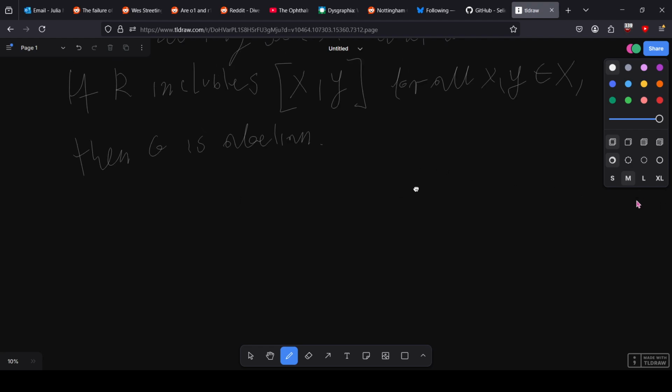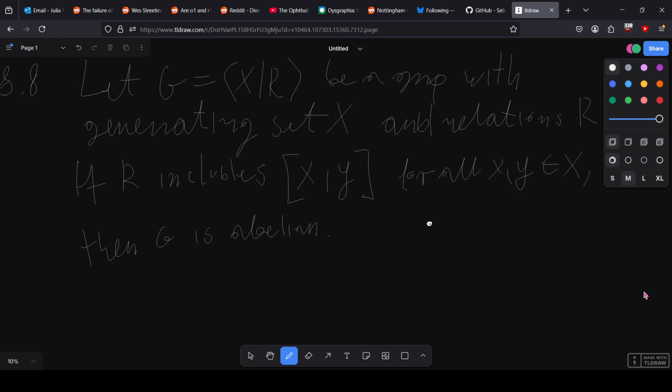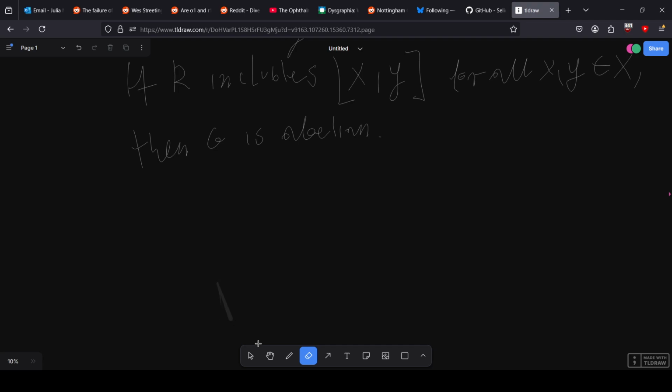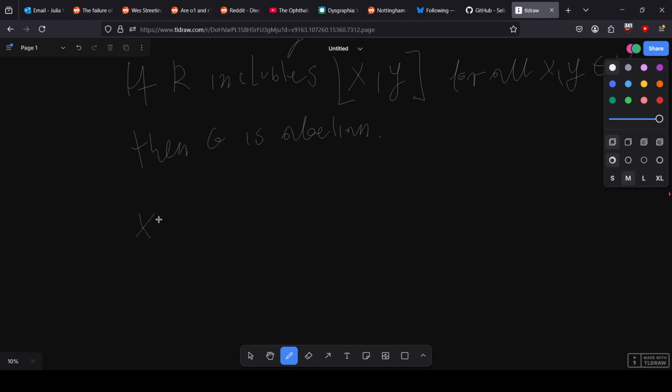The calculation here is very direct inside of G, because if x y x minus 1 y minus 1 is equal to 1, we can get xy equals yx very directly by looking at the inverse of the left side with the inverses.